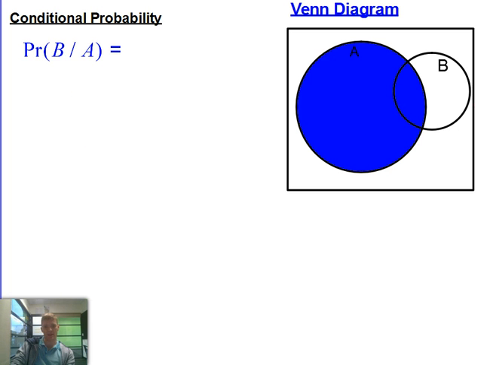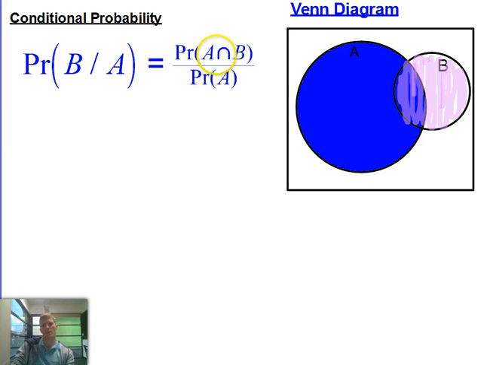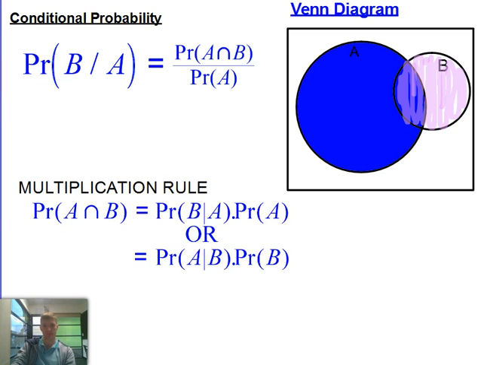Well, event B, given that A has occurred, is just this little region. It's the intersect. Okay, so there's B. Given that A has occurred, you're just thinking about the intersect. So we consider the intersect of A and B, out of the probability of A having occurred. So it's the intersect divided by the probability of A. There's an equivalent formula for conditional probability.